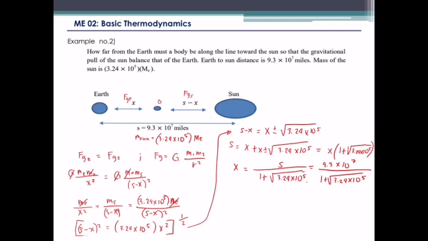That is plus minus, class. X therefore, whatever is the positive answer, you get that one since there is no negative distance. Okay, x is 163,097.81 miles.